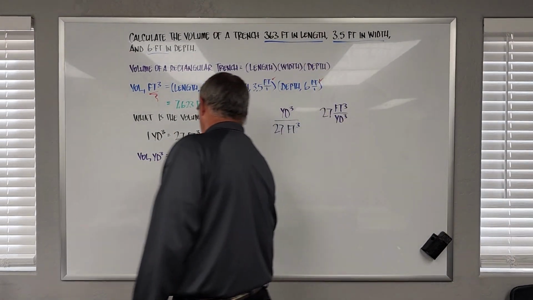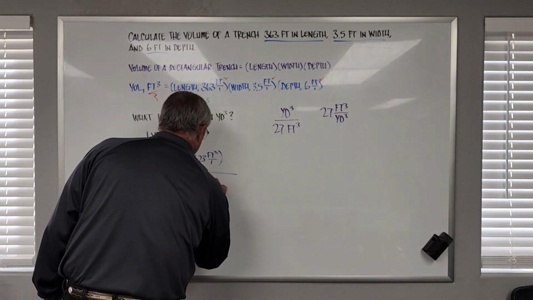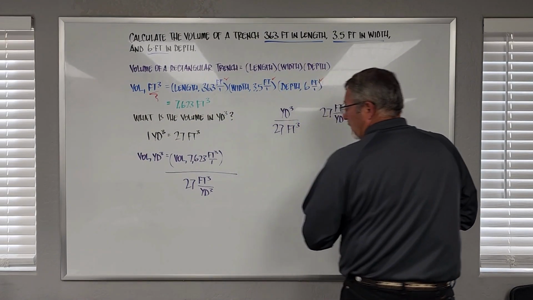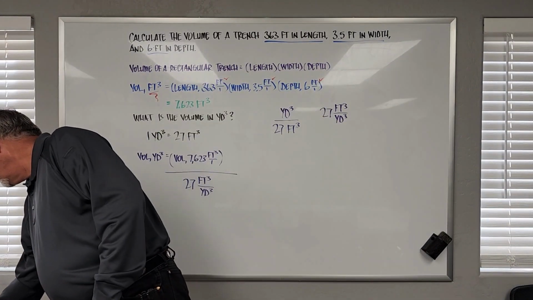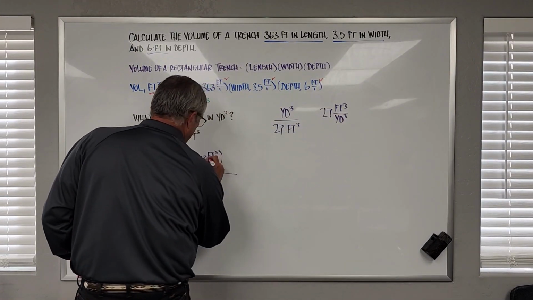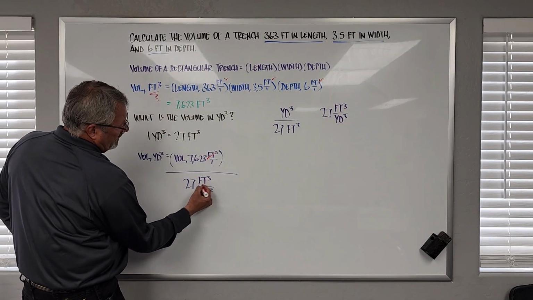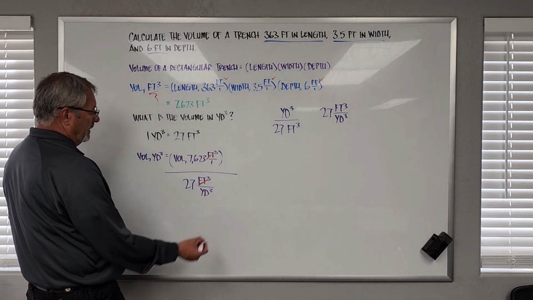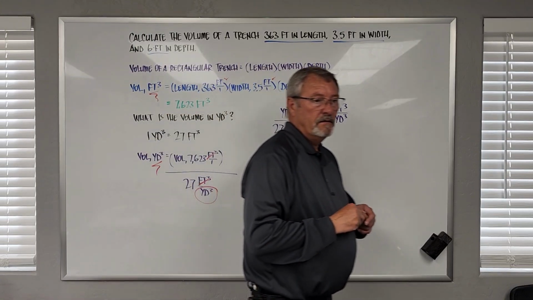Let's write it down like this: 27 cubic feet per cubic yard. Does that make sense? That was a lot better. All right, let's cross cancel. I have a cubic foot over the division line here. I have another division line, which means I can cross cancel out this cubic foot. And I'm left with cubic yards. That's the unit of measure I'm looking for.